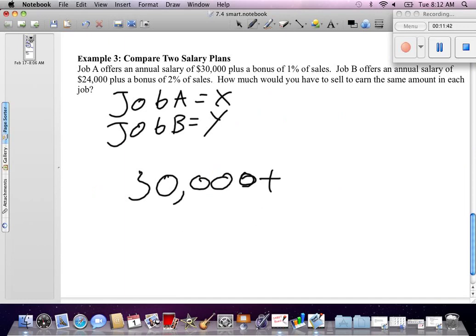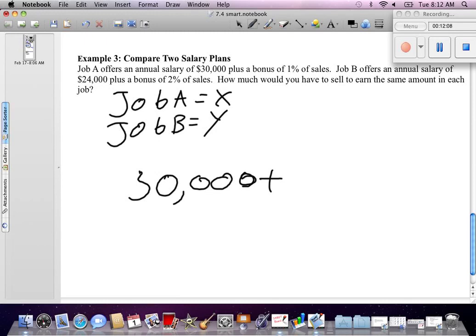Plus, I don't know how I want to write this. There are two different ways to write this. Okay.